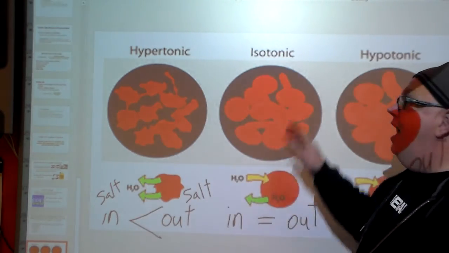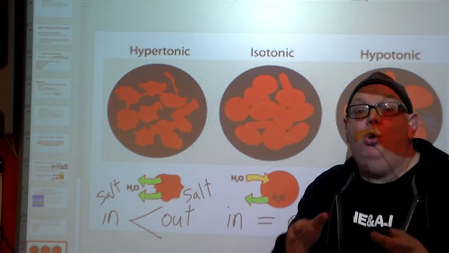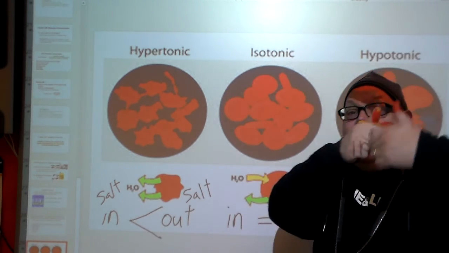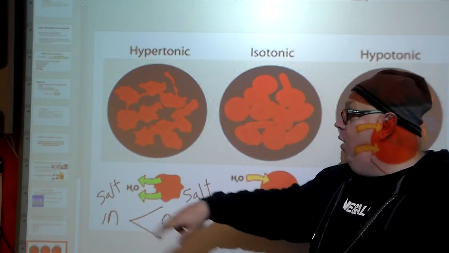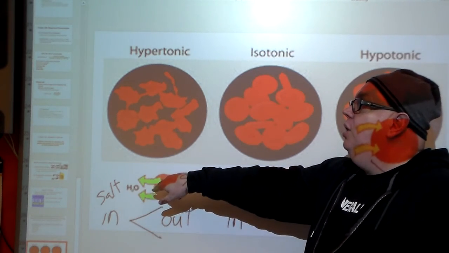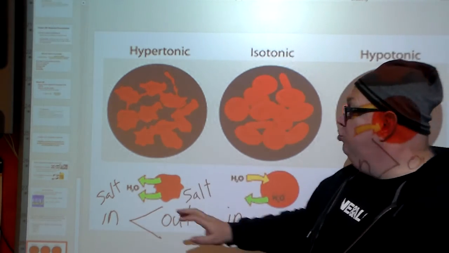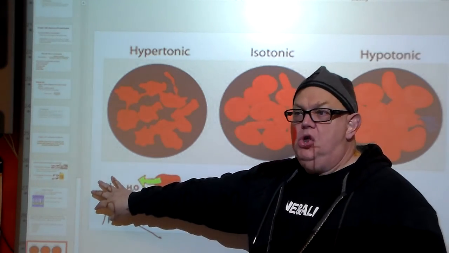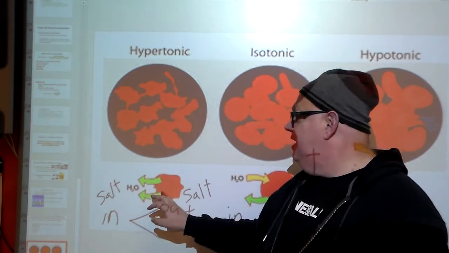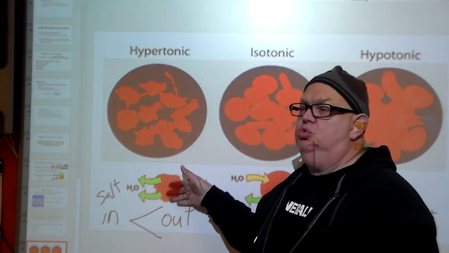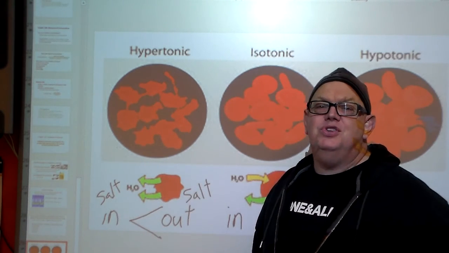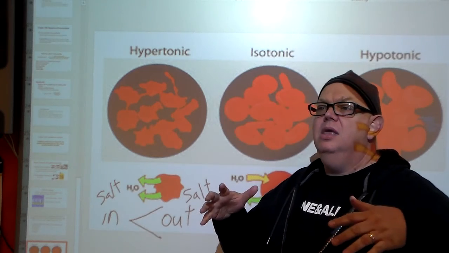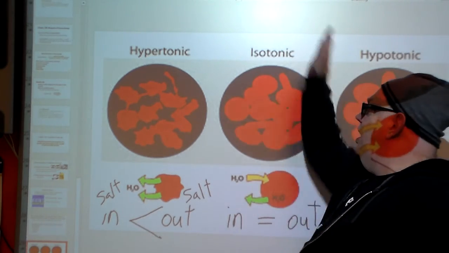Okay? So, we looked at that and we compared the inside of red blood cells with the outside. Isotonic, it's equal inside and outside. Everything is great. Everything is working the way it should. However, when you look at hypertonic, there's way more salt in our example outside than inside, so the water is rushing from the red blood cell to go to the outside to mix with the salt on the outside to make it like isotonic.